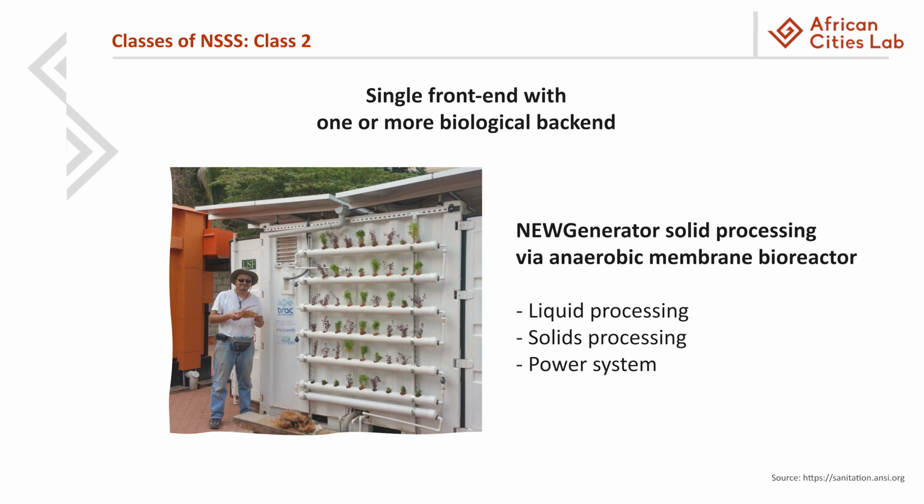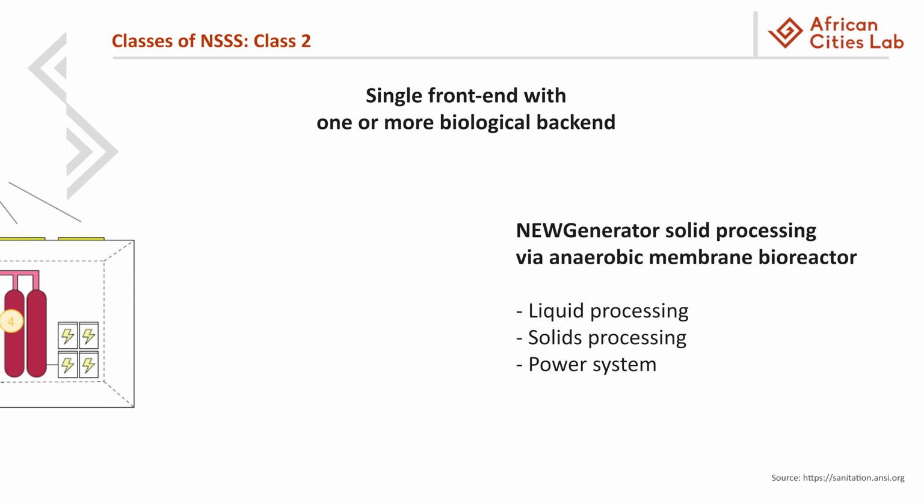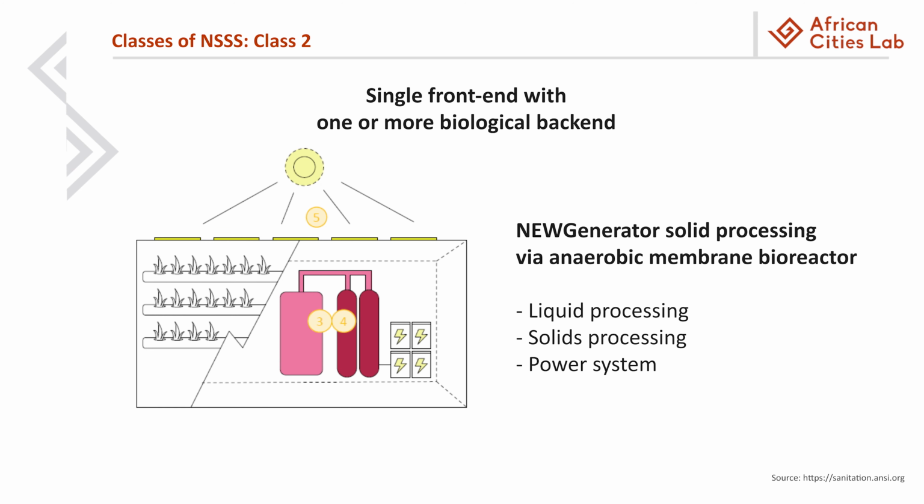The system uses an anaerobic membrane bioreactor that processes the solid and liquid fraction in a single dilute waste stream. Minerals and nutrients are removed from the wastewater by a hydroponic bioabsorption system where the biogas from waste product digestion is collected for use outside of the system, such as that used for cooking or heating.